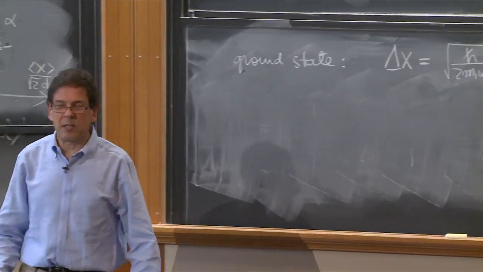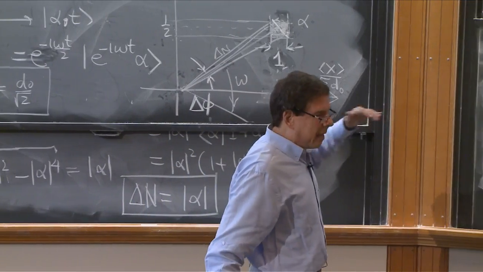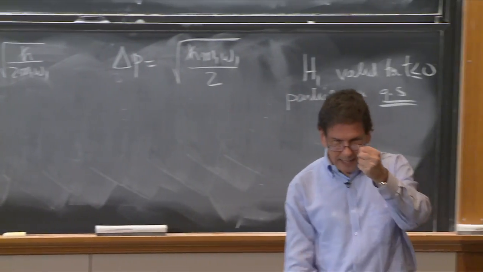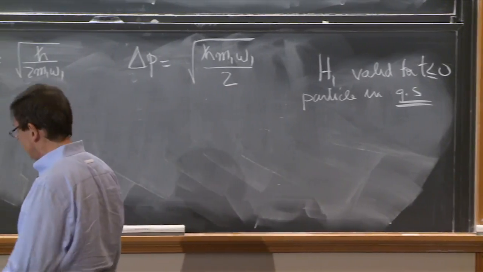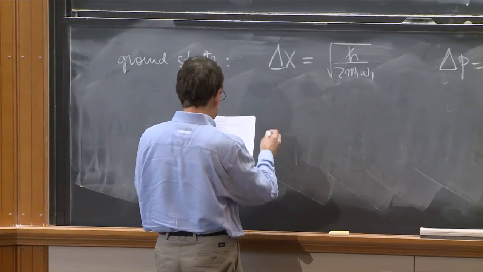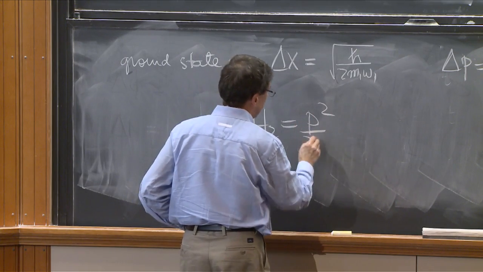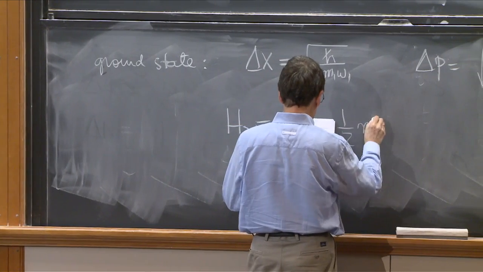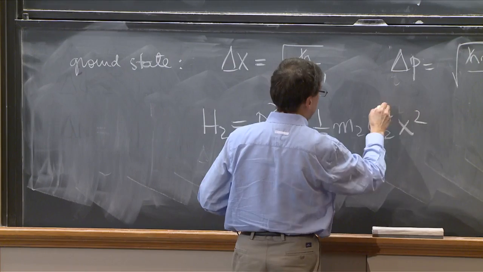The particle identity is not changed. The particle is there, but it is the Hamiltonian that changes. So there's an H2, p squared over 2 m2 plus 1/2 m2 omega 2 squared x squared.